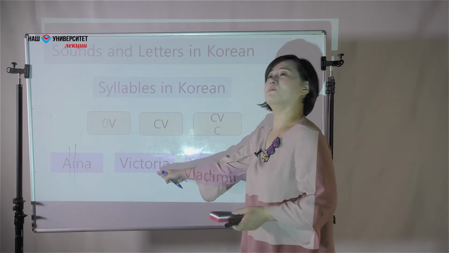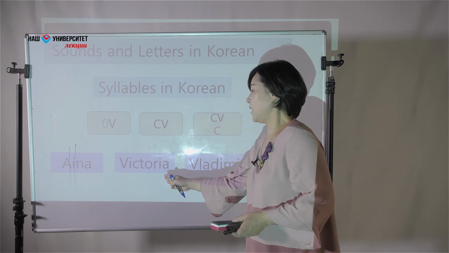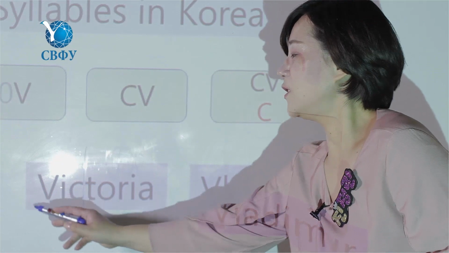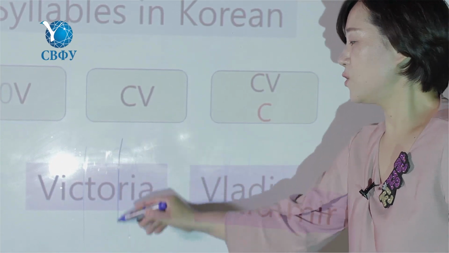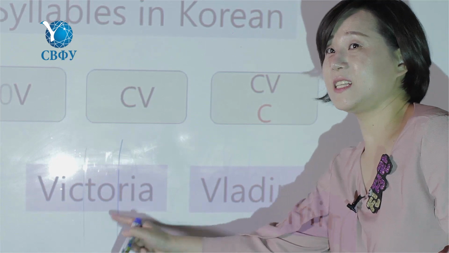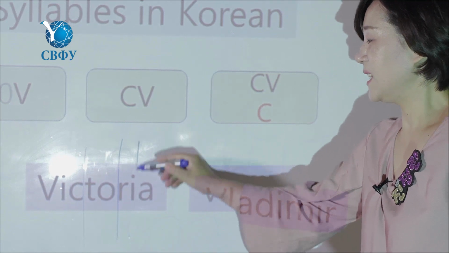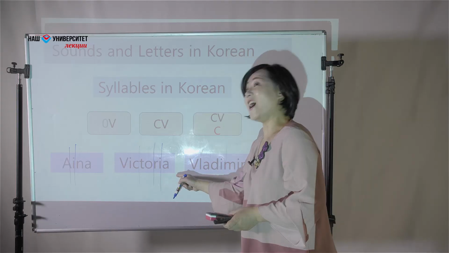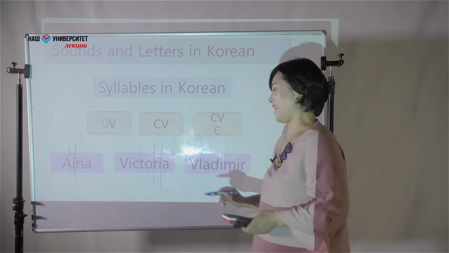Then move to the next word. Victoria: Vic, consonant, vowel, and consonant; to, consonant and vowel; 리, consonant and vowel; and a vowel alone. Okay, good.